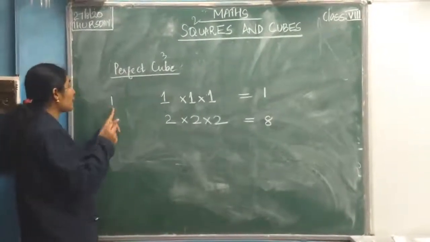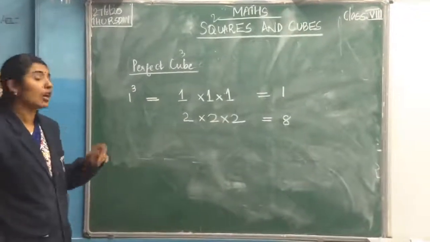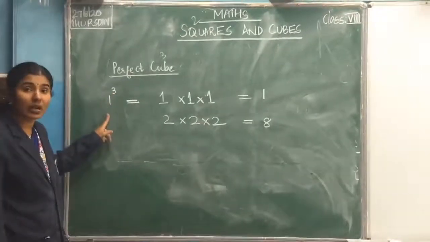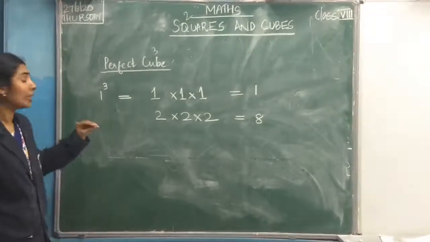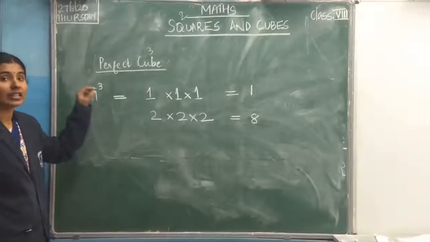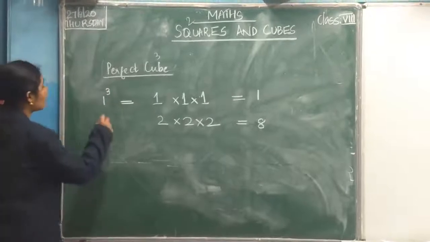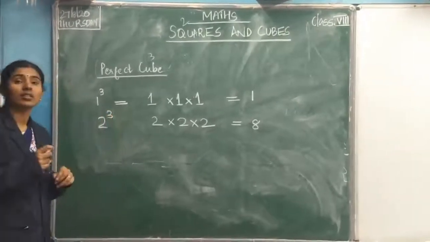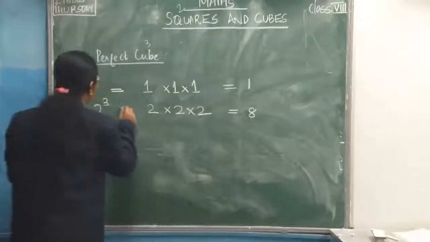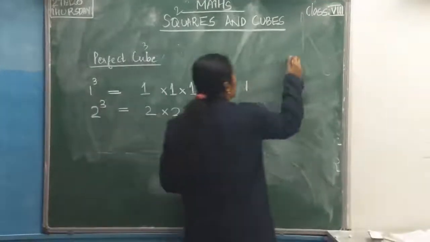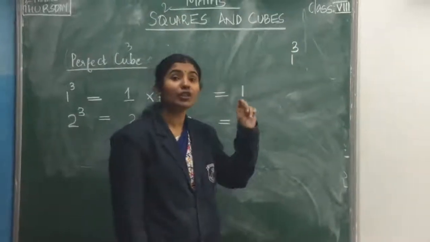You can write 1 raised to 3 equals 1. 1 raised to 3 means the number 1 should be multiplied 3 times. And 2 raised to 3 means 2 multiplied 3 times. So what do you get? 8.